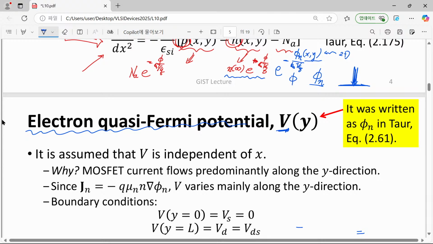So here I intentionally write down this V. Anyway, in general, it should be written as a function of x and y. Once again, x is the vertical direction, and this is the lateral direction, the channel direction. But now we say that although it is a function of general position, it is only a function of lateral position, not vertical position.